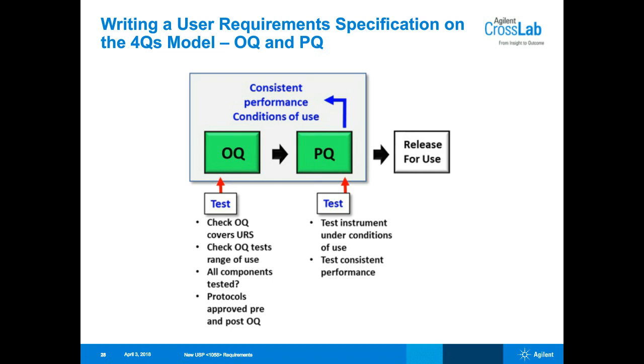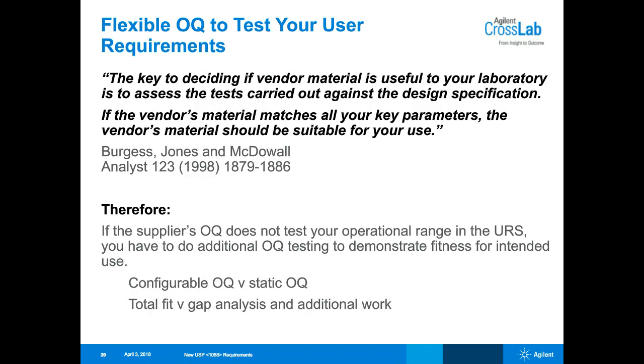Now, as Ali mentioned in the introduction, I've been involved with the pharmaceutical industry for over 40 years now. And 20 years ago, two colleagues and I wrote a paper on analytical instrument qualification that was published in the Analyst. Well, it's currently called Analytical Instrument Qualification.